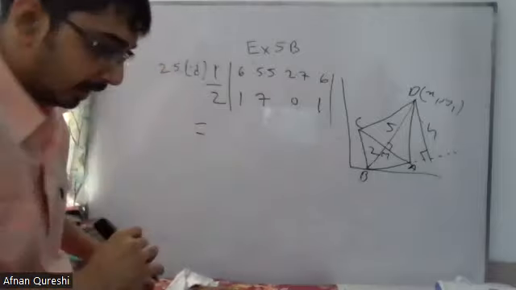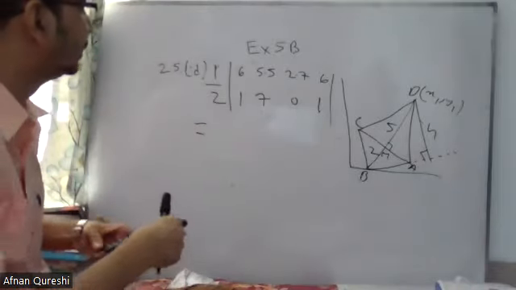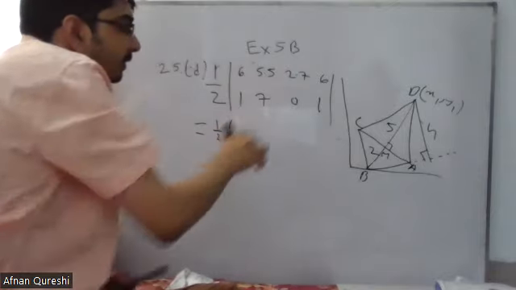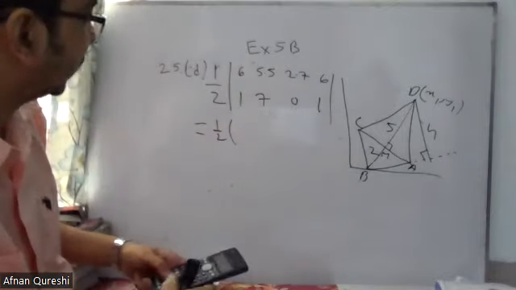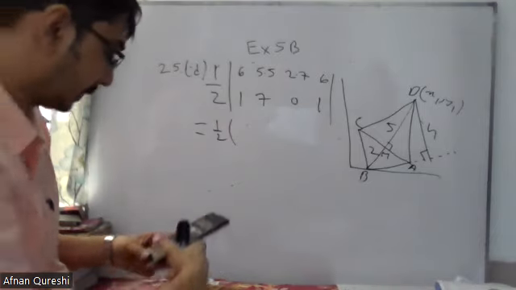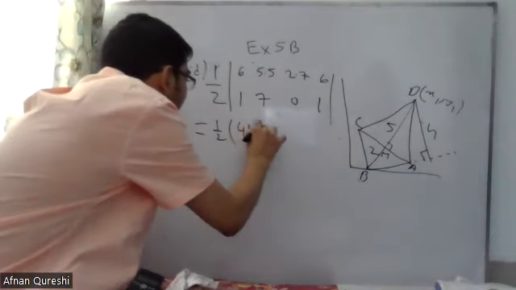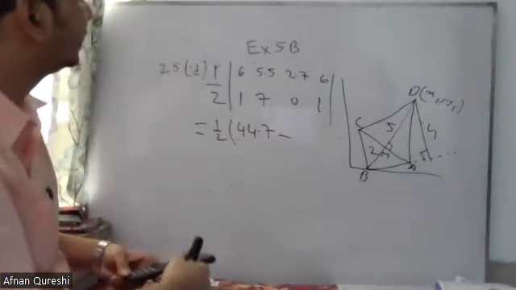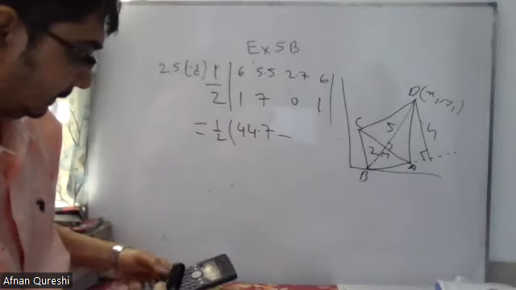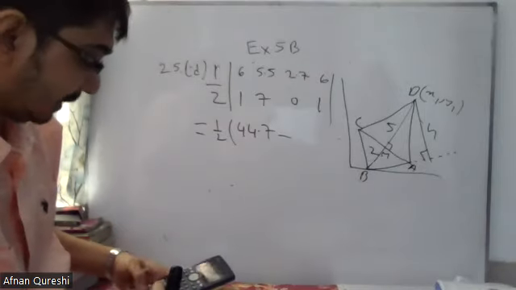So for this area, you'll do it in the same way: half of 6 into 7 plus 5.5 into 0 plus 2.7 into 1. This is 44.7, minus 6 into 0 plus 2.7 into 7 plus 5.5 into 1.